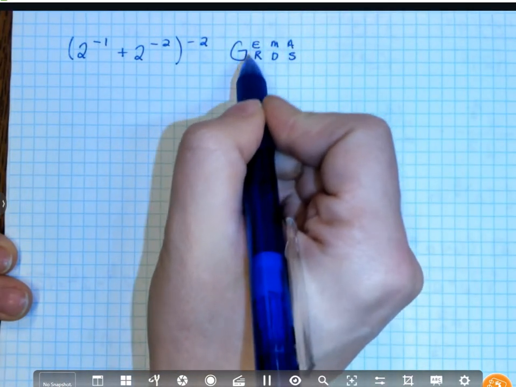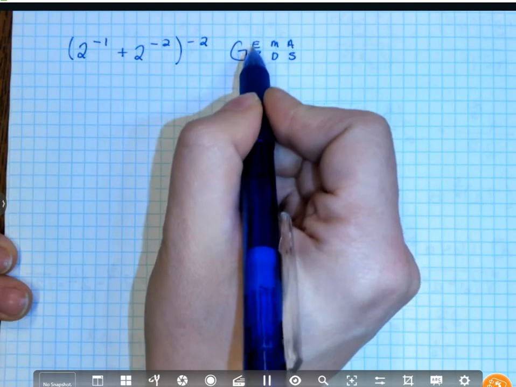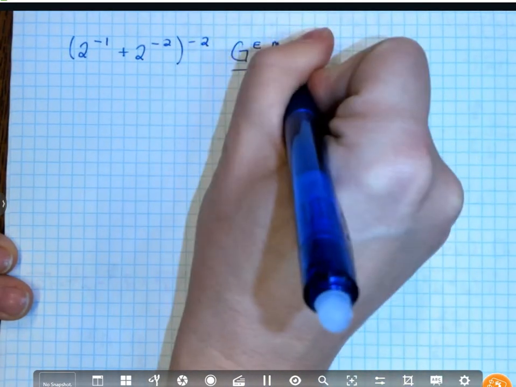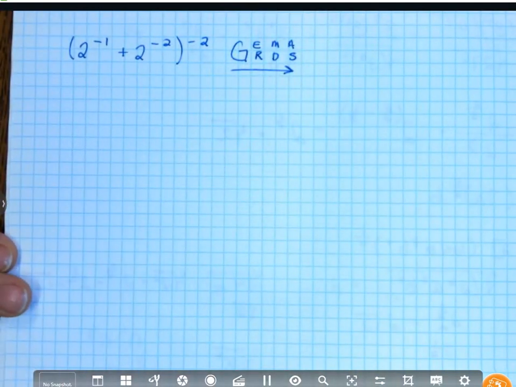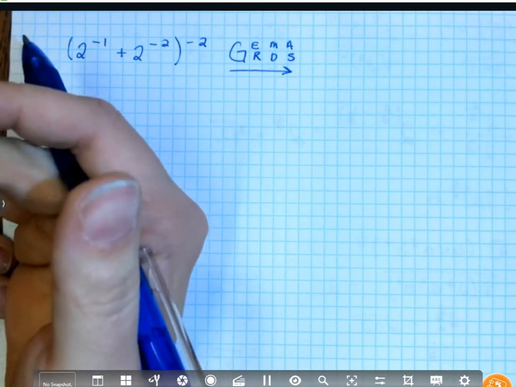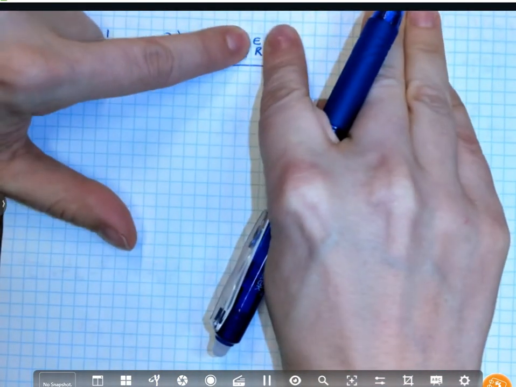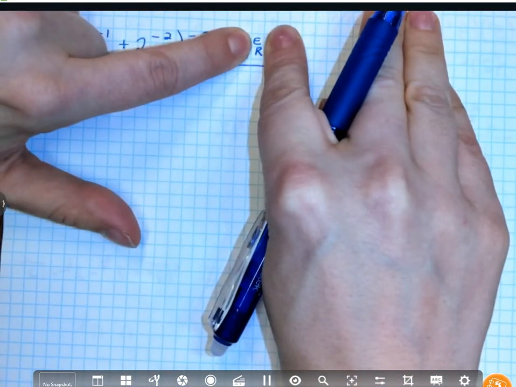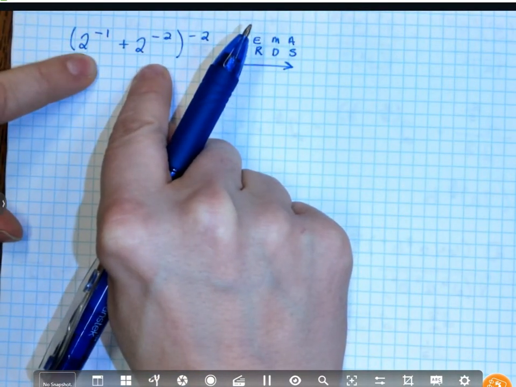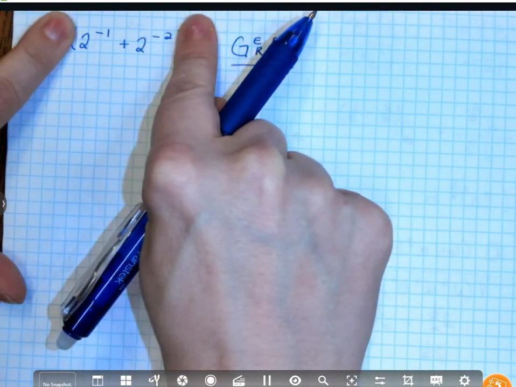Exponents and radicals are the same thing, just different ways of writing it. Multiplication and division are the same thing. Addition and subtraction are the same thing. And we always work from left to right. So even though I can do my exponent rules in any order, that's only when I'm looking at just this step. I have to do this first. I must work inside the parentheses.